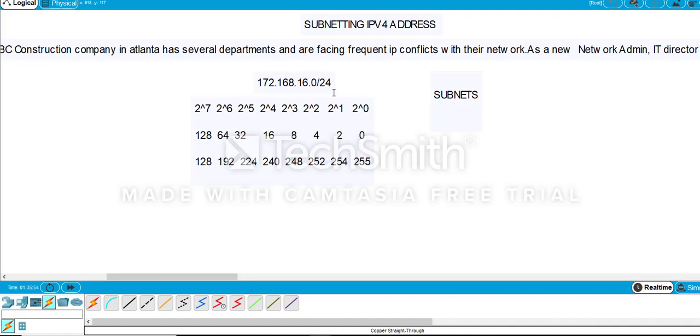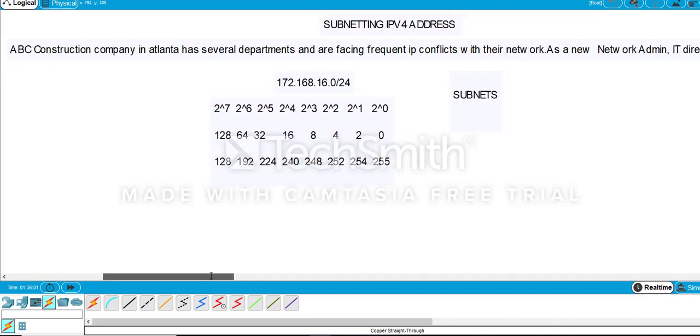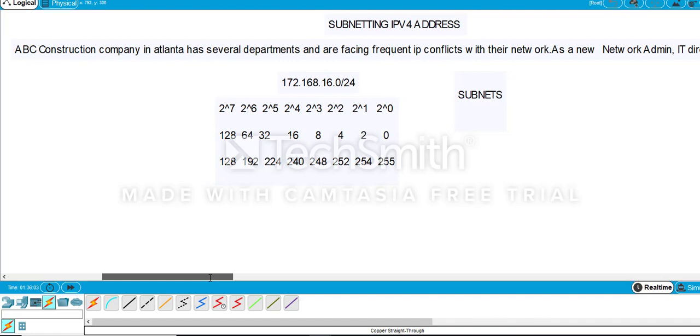It's very short. So again, I'm going to take you through the question, then you get the whole understanding if you want to write it down. ABC Construction Company in Atlanta has several departments and is facing frequent IP conflict within their network.